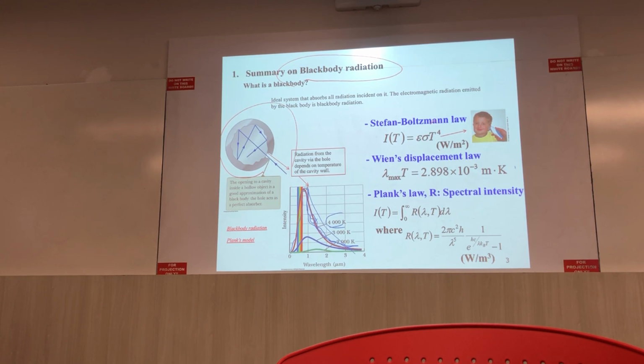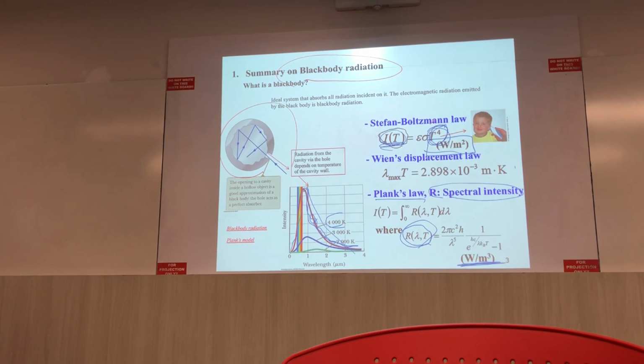Stefan Boltzmann's law relates the intensity to the temperature. This intensity, as you know, has a unit of watt per meter square, power over area. When we come to Planck's law, the spectral intensity has a unit of watt per meter cube.